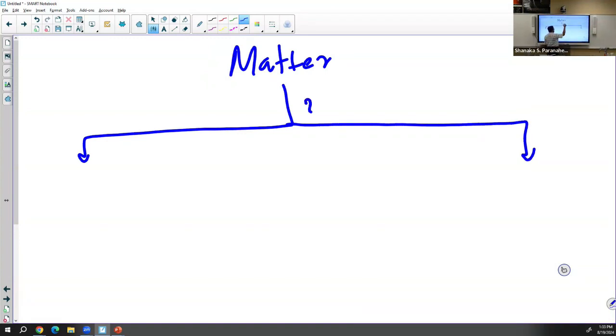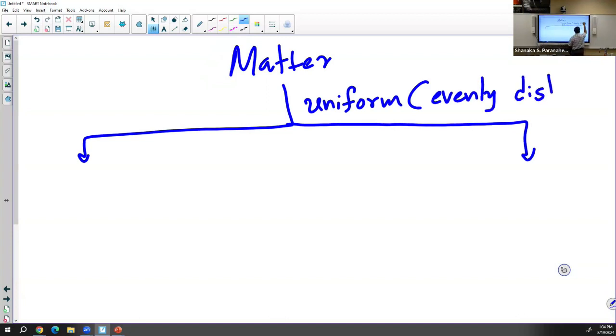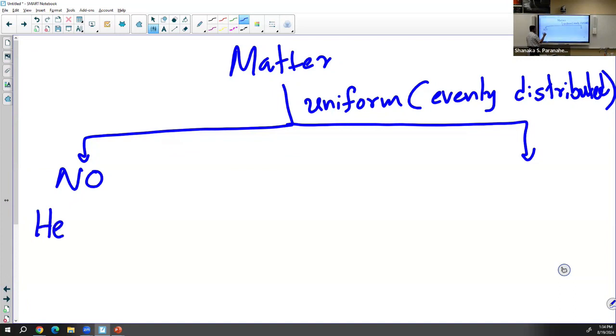Some are uniform, evenly distributed. Some materials have evenly distributed particles. If it is not, then it is called heterogeneous.